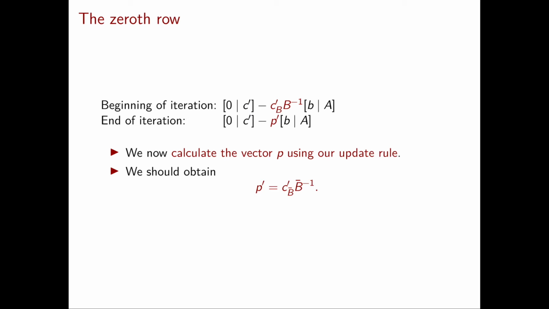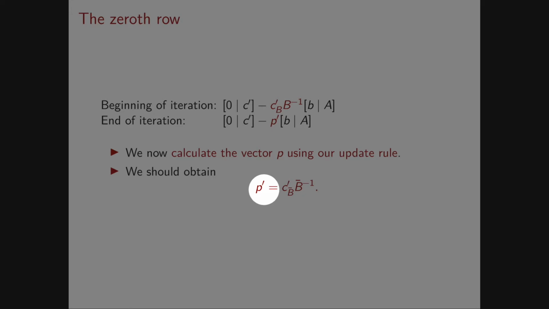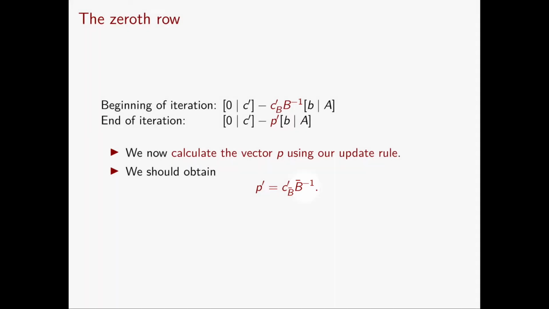For these entries of the zeroth row, we will be able to understand exactly how the zeroth row will look at the end of our iteration, so after having applied our update rule. In this way, we will obtain a system of linear equations that will allow us to show that p transpose is equal to CB bar transpose B bar inverse.